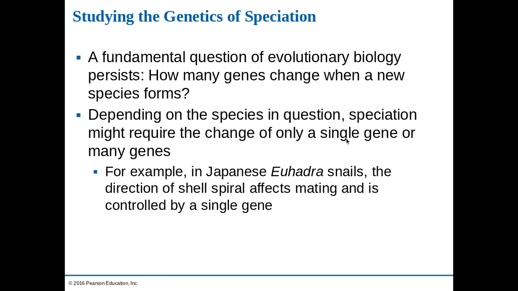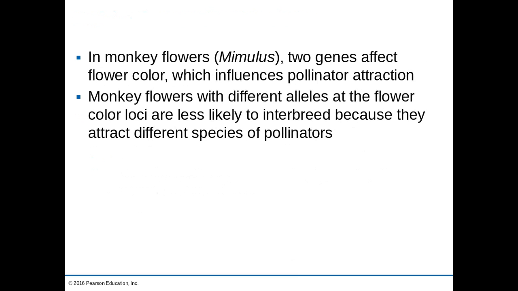For example, there are these Japanese Euhadra snails, and the direction of their shell spiral is controlled by one single gene. If you recall from reproductive isolation, if their shells spiral in opposite directions, there's a mechanical issue and they cannot reproduce in that way. And so that affects their mating ability.